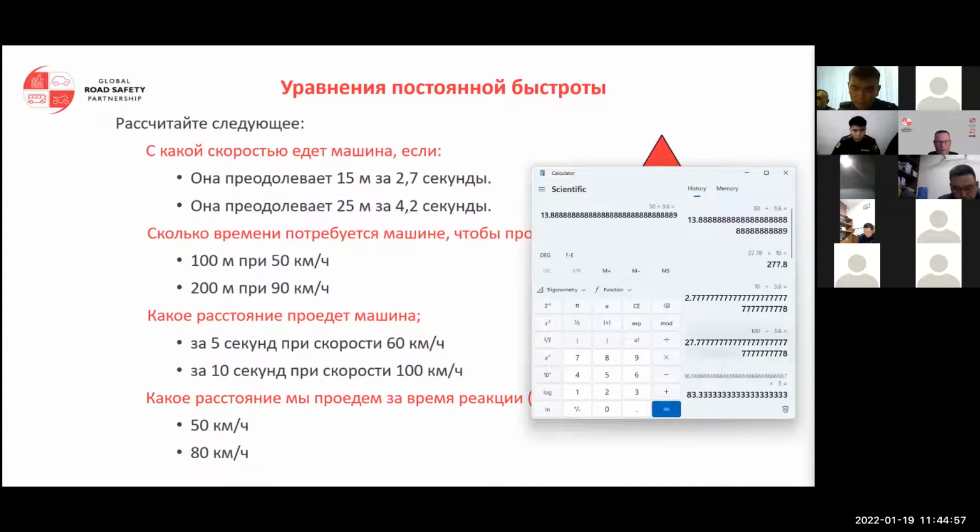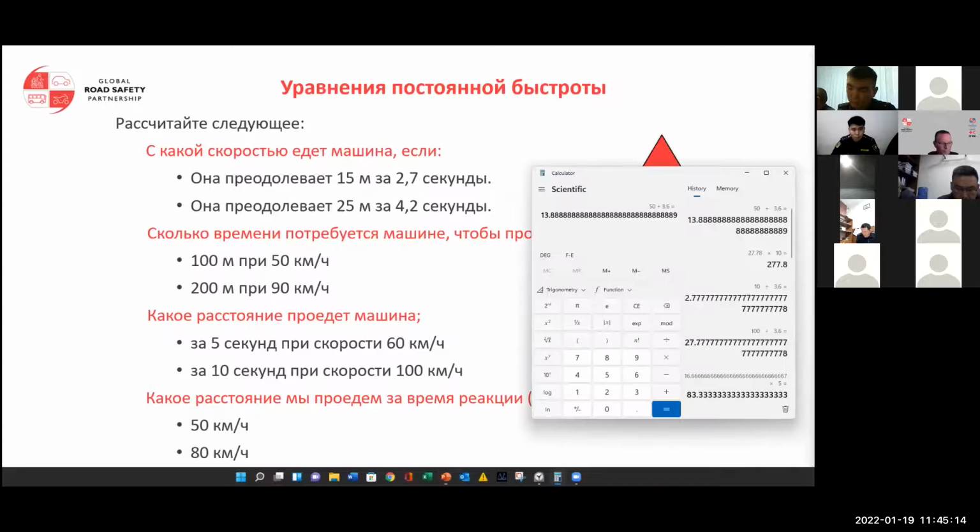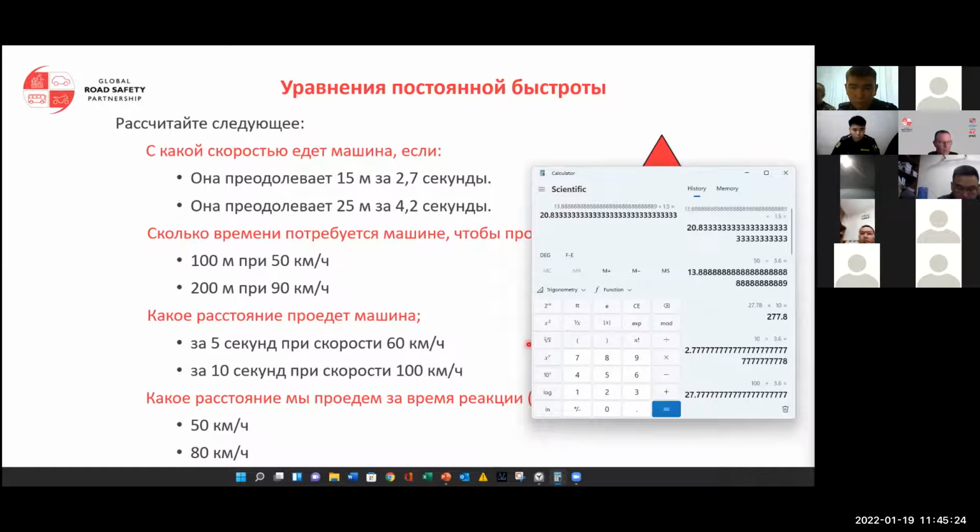We now have velocity. That's been the pain. And we have time, 1.5 seconds. We want to find the distance we'll travel, so it's multiplication: velocity multiplied by time. So 13.89 multiplied by our perception reaction time, 1.5 seconds, equals 20.8 meters.